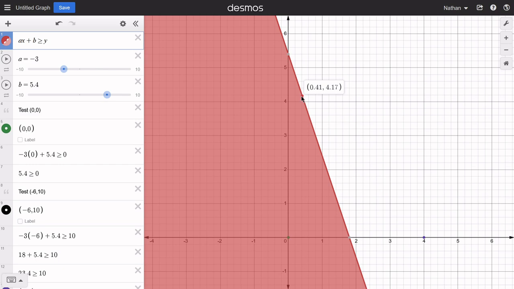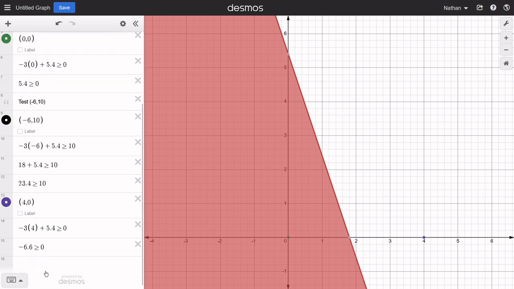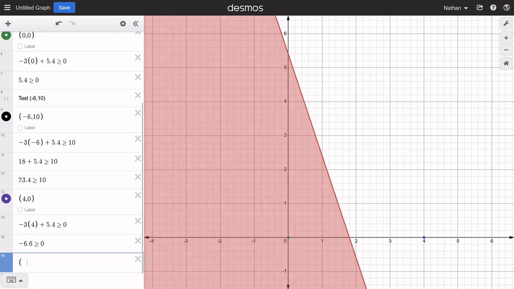So negative 0.41, 4.17. That looks to be exact, since it's only 2 places, and I think Desmos rounds to 3 places, so it might not be exact though. Okay, this point looks exact: 0.4, 4.2. Let's test that point.